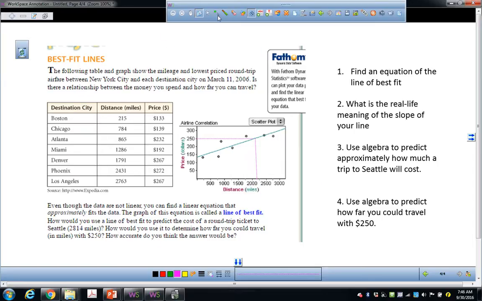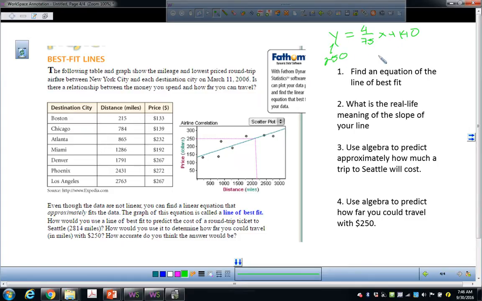If you used algebra, you would plug in for y, right? So you'd have y equals 4 over 75x plus 140. And then you plug in 250 in there. You would subtract 140 from both sides. And you get 110 equals 4 over 75x.